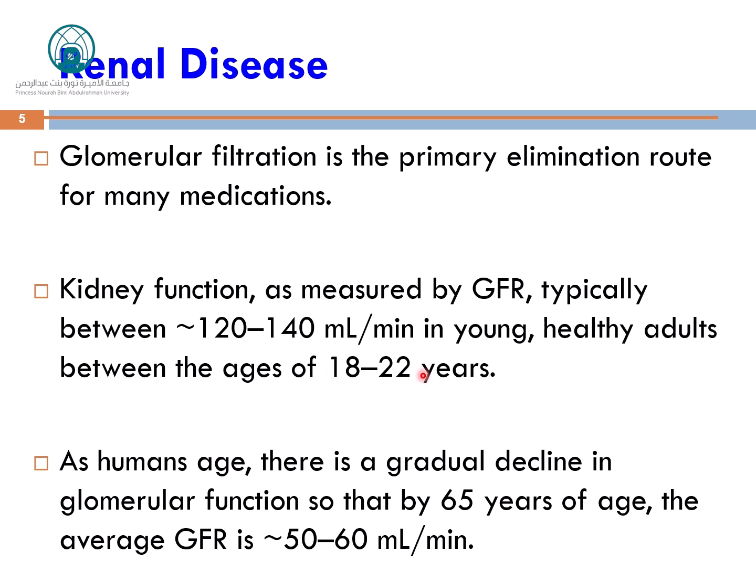Sure, you know that in the elderly, similar to the other biological organs, its functionality will decrease with increasing age. So the glomerular filtration rate in the elderly will be reduced below this value. As the human age increases, there is a gradual decline, so that by 65 years of age, the average glomerular filtration rate will decrease to 50 to 60 milliliters per minute.